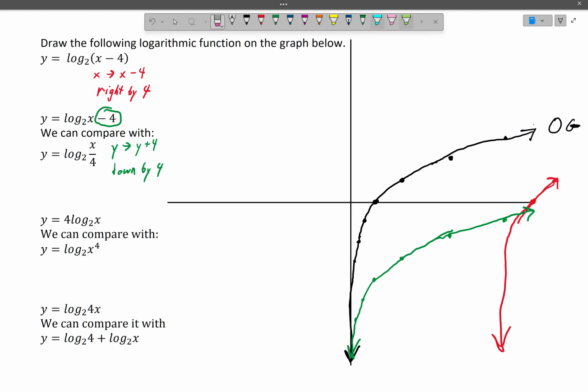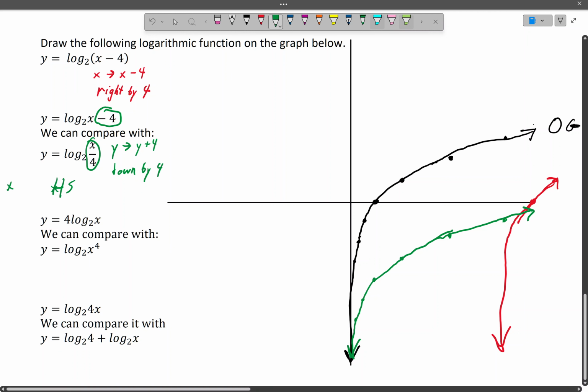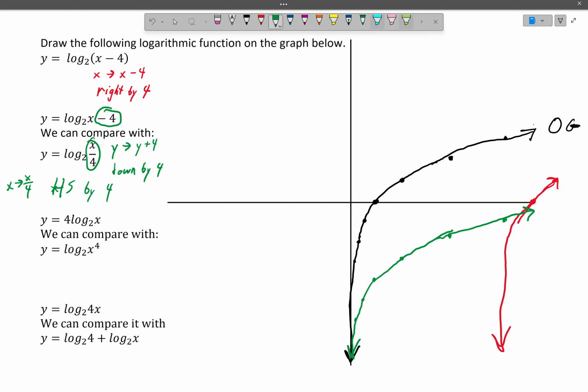Okay, and if we compare with this one, which is kind of interesting, well, what's happening? There's a horizontal stretch. Well, x is being replaced with x over 4, which means a horizontal stretch by 4. So horizontally, every point is being quadrupled.